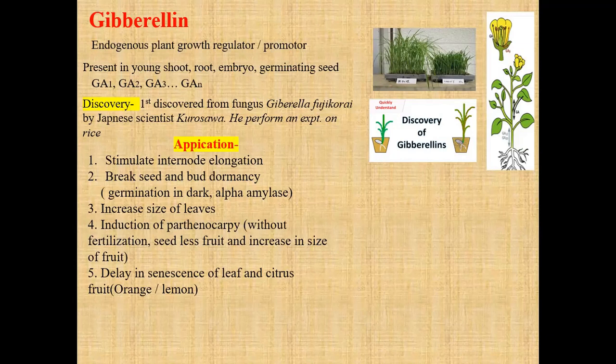In this case, gibberellin plays an important role by delaying the maturity or ripening of the fruits. In this way, the fruits remain in an unripe condition for a longer period of time.